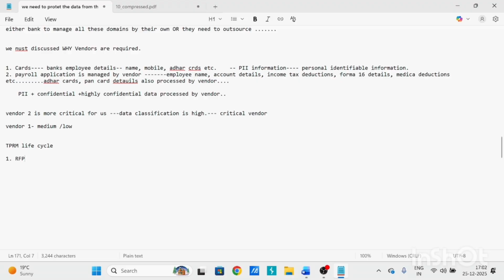Or let's start at the broad level, like vendor identification. Then risk assessment or due diligence.